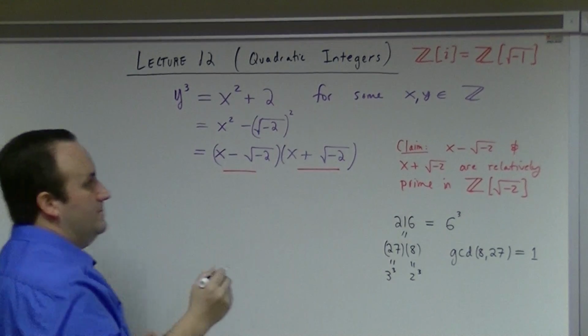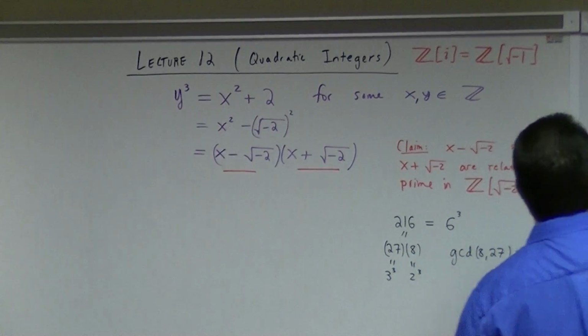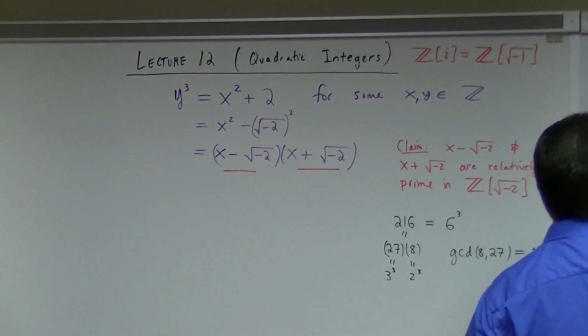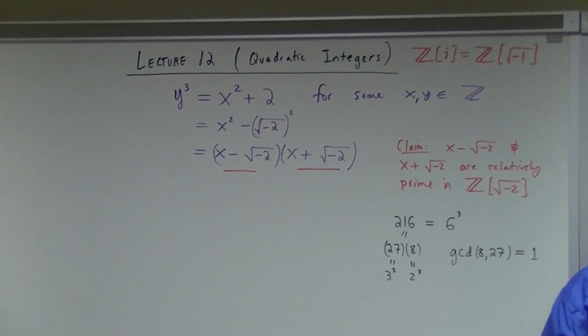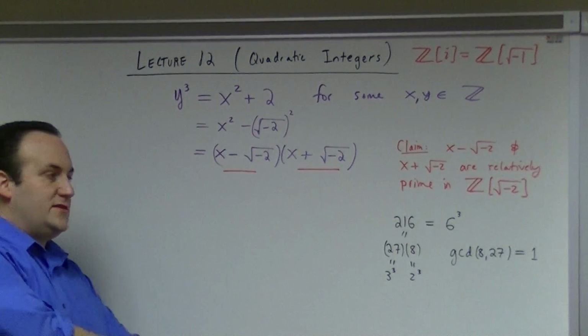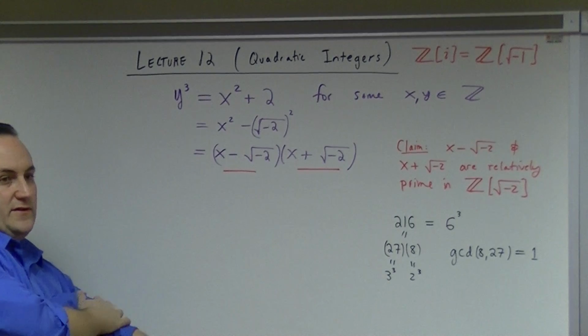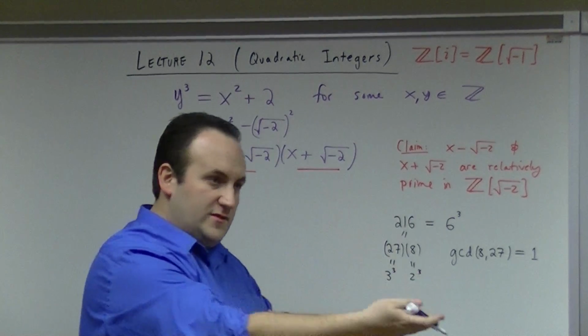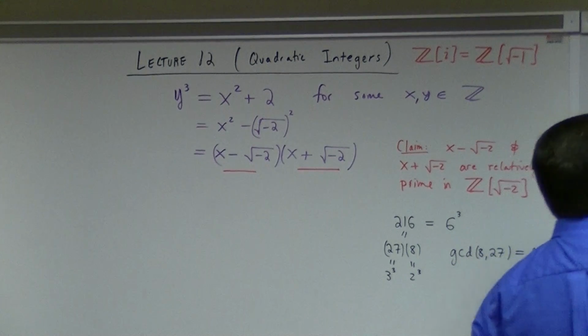That means that x minus the square root of minus 2 should be equal to something like a plus b times the square root of minus 2, cubed. That's what it means for it to be a cube. It's the cube of something else in Z adjoin the square root of minus 2. And so then you can do algebra. You can multiply this out, what do you get?